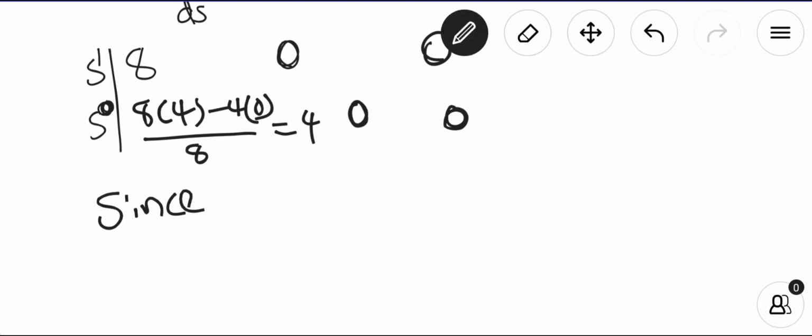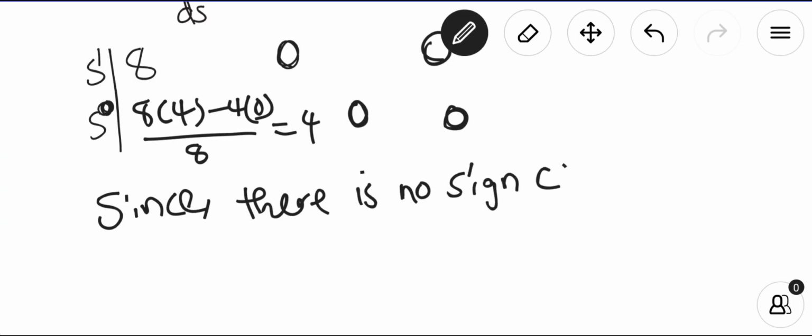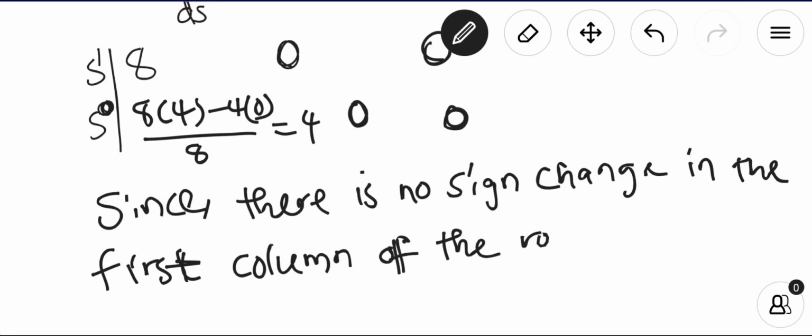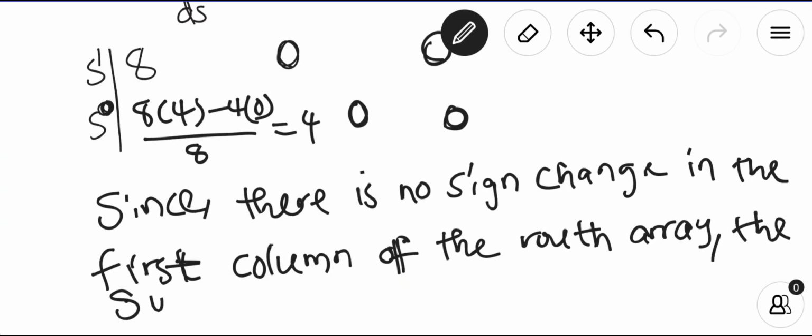Since there is no sign change in the first column of the Routh array, the system is stable.